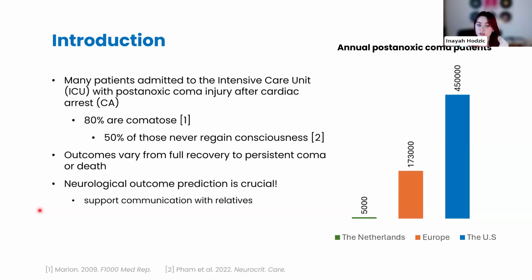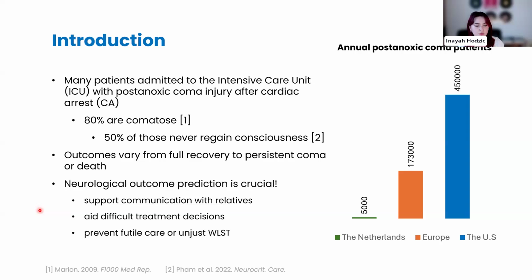Firstly, it can support early communication with relatives and set realistic expectations regarding potential recovery. It can aid difficult treatment decisions, give a certain new perspective, or at least another multimodal factor to take into account.